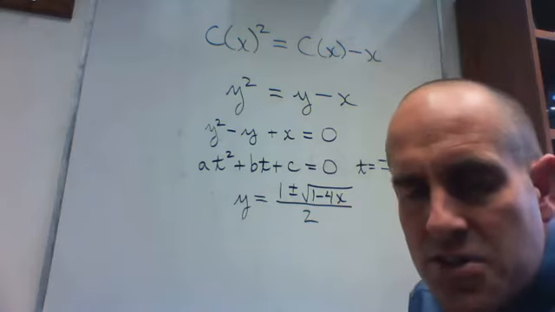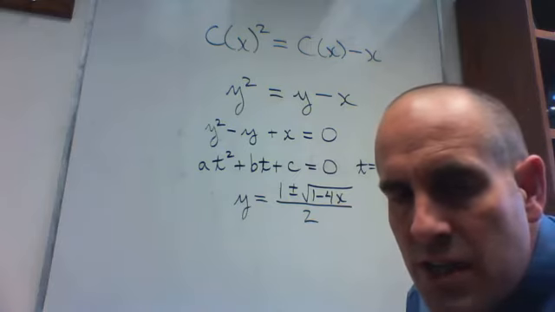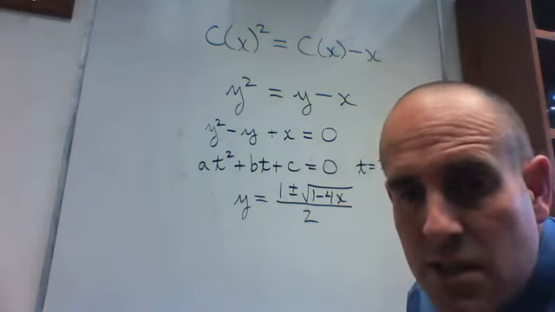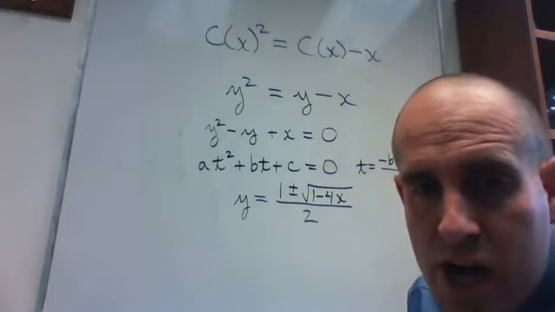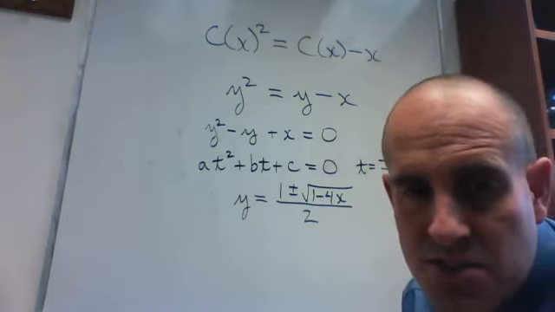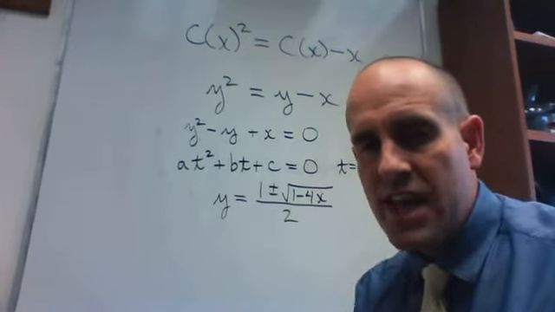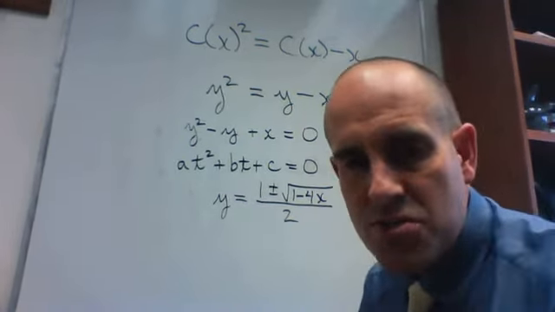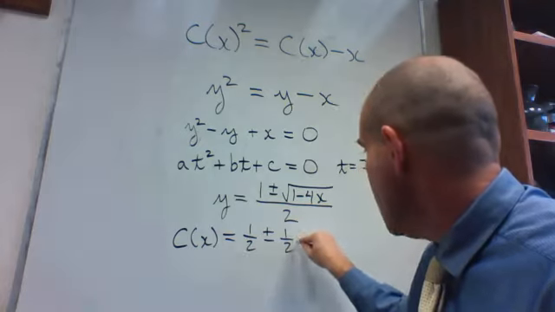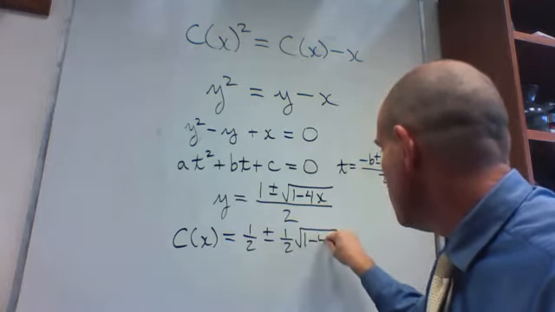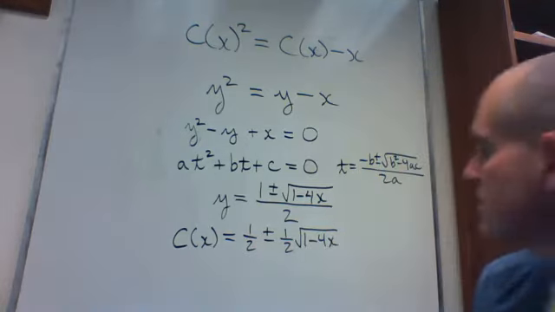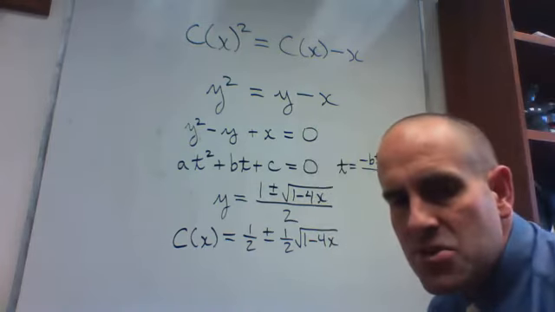Okay? So there it is. So that's interesting. That means we've basically solved for y, i.e. C of x. Okay, so we know what the Catalan generating function formula actually is at this point. C of x is going to be 1/2 plus or minus 1/2 times the square root of 1 minus 4x. Okay, there it is right there.